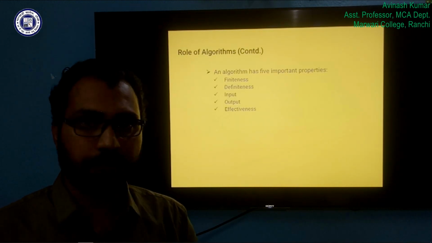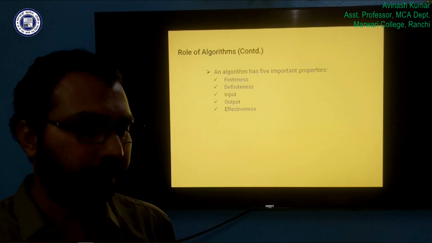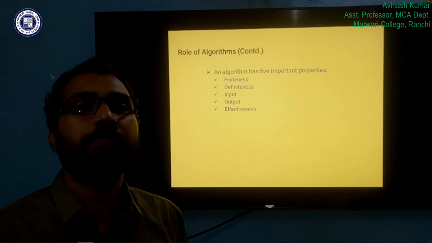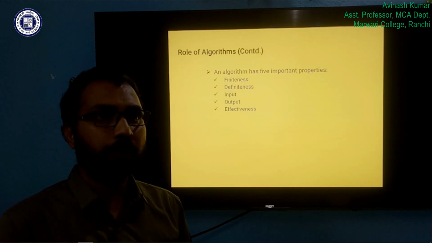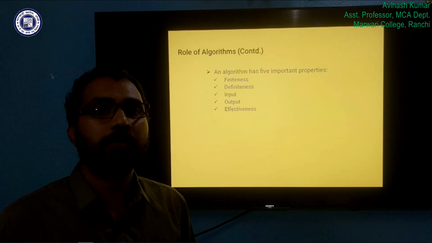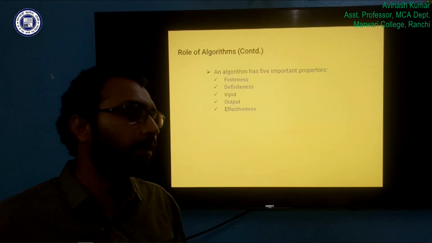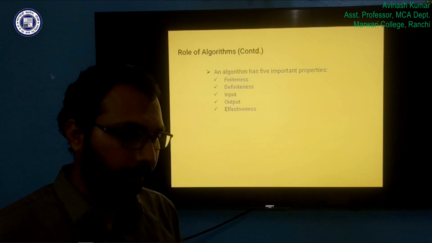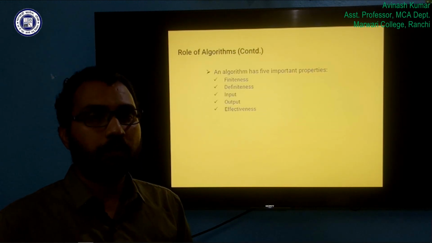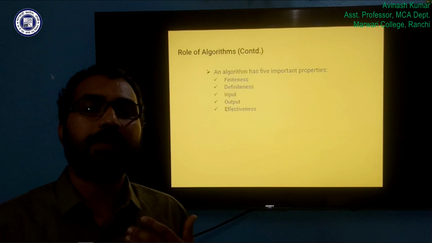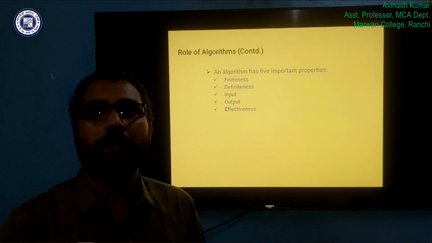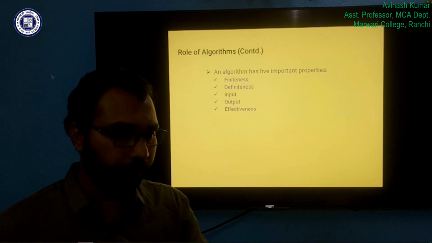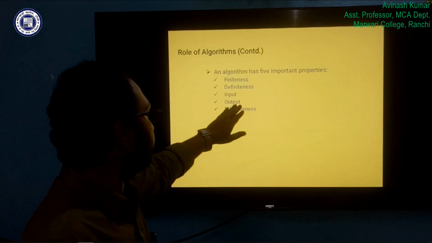The third one is input. Definitely, any program, any algorithm will work only when some input is provided to it. So we need to provide a set of inputs for an algorithm or a program to get executed. Then we have the output. On the basis of the supplied input to the algorithm, to the program, there will be some output, some result, which is point number 4, that is output.